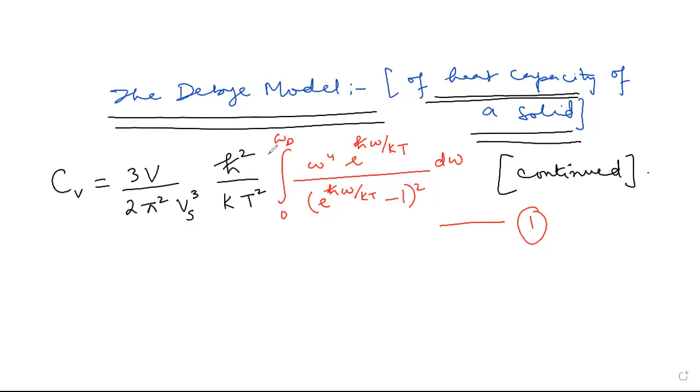We have defined Debye frequency in the last lecture. Now this equation gives us the expression for molar heat capacity at constant volume for a solid material according to Peter Debye's model, right?